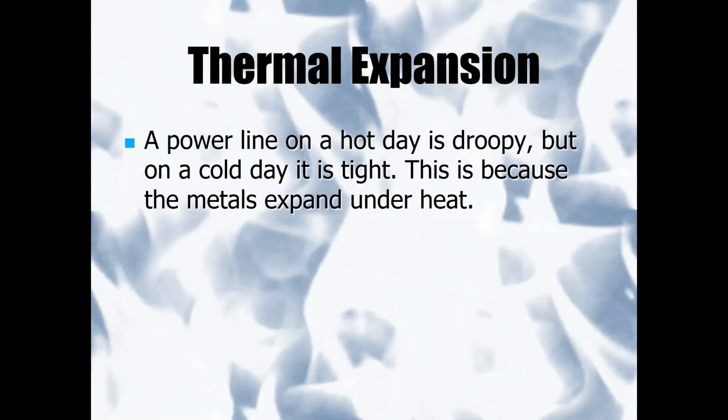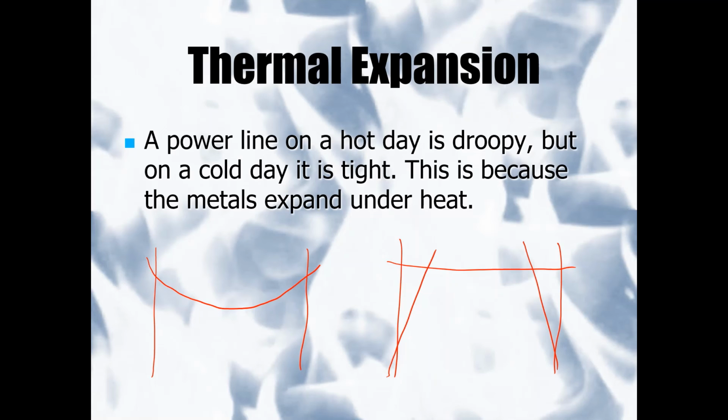So another area where thermal expansion can be an issue is with overhead power cables. On a hot day, those overhead power cables are going to be quite droopy and going to hang quite low, whereas on a cold day, they're going to be very, very taut. Now, if you installed those power cables on a hot day and they were too tight, then when they cooled down, what they could do is to actually pull the poles together, causing issues.